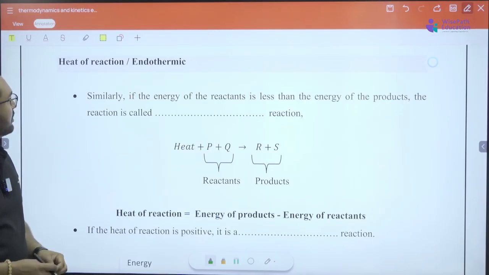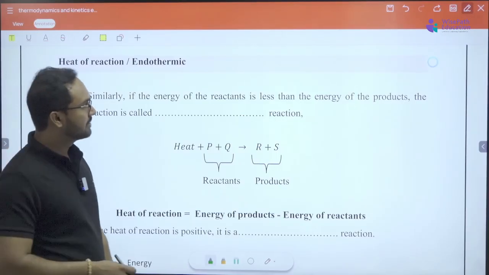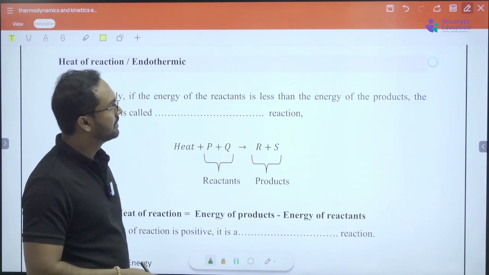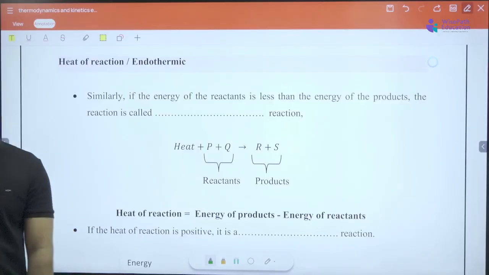It should be the other way around. I think I have it here. Similarly, if the energy of the reactant is less, it's correct, right? Yeah, correct. This is correct.